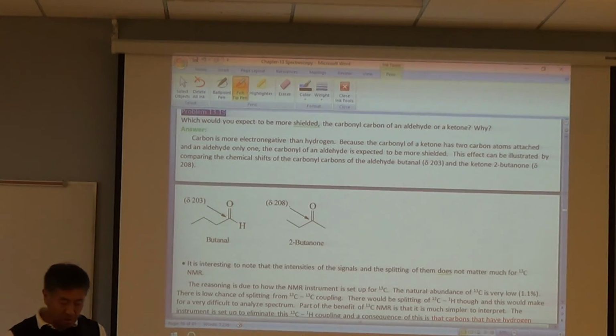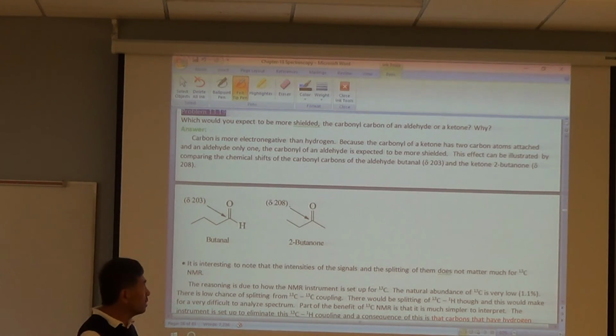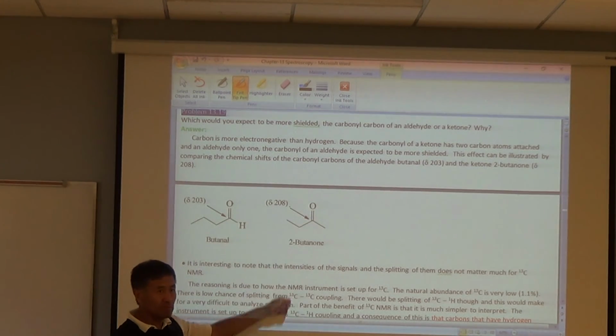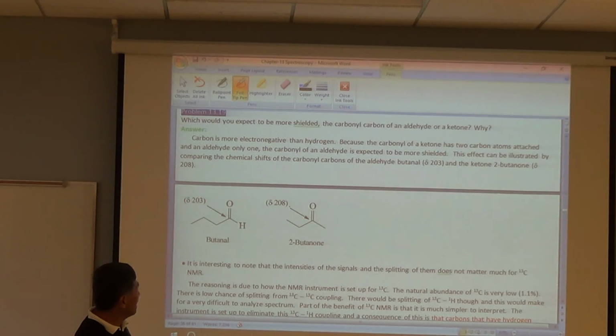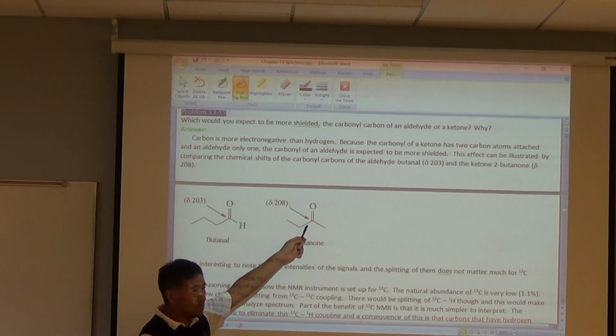And you can see the electronegativity influence sometimes very easily. Okay? You compare this aldehyde with a ketone, right? And let's see the carbon-13 NMR. The carbon-13 NMR usually shows the chemical shift of this carbon here, this carbon here.